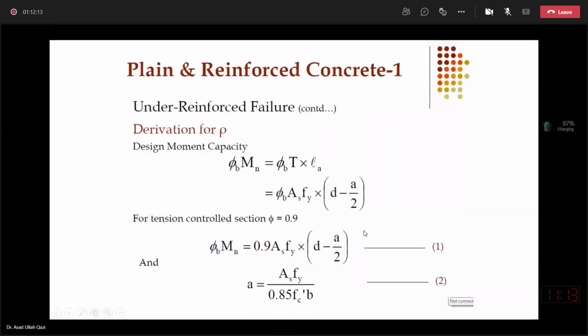The problem is now first to select the size of the cross section, then calculate area of steel, and finally sketch whether the steel will be in one layer, two layers, how many layers. So design problem means to calculate area of steel.